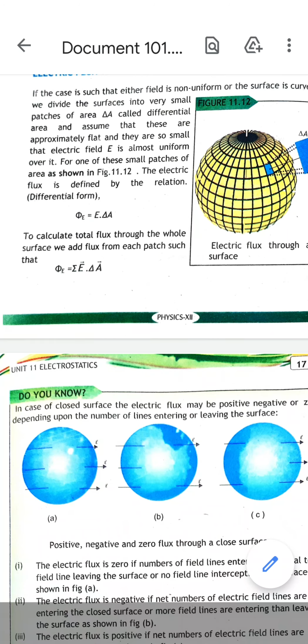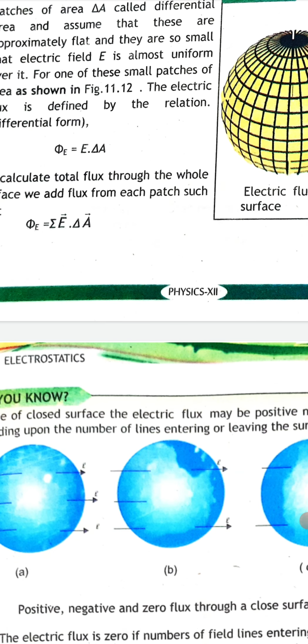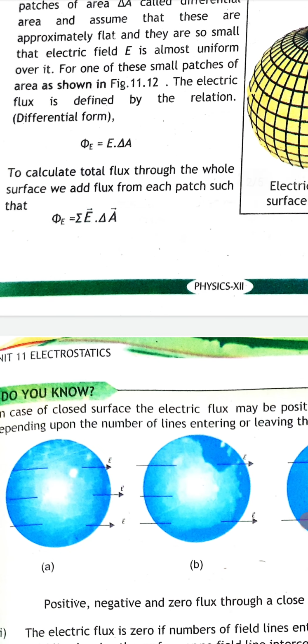So to add all these quantities, we use the symbol of sigma. So sigma of E dot dA represents the electric flux over the entire closed surface, having a point charge at the center of the closed surface.